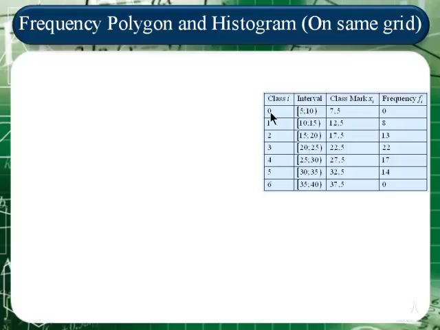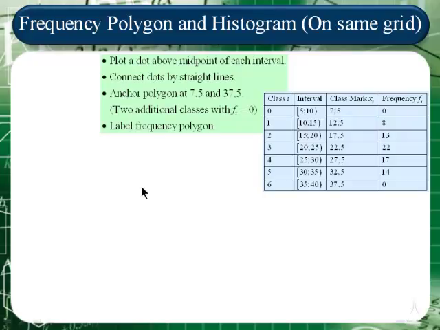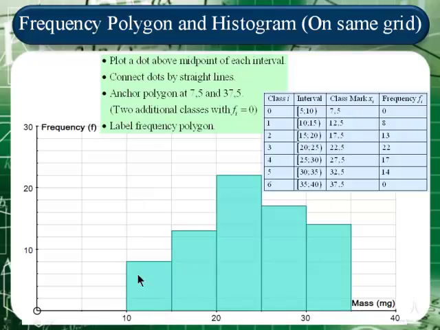In addition, we've added a class in the beginning and a class at the end with a frequency of 0, and this we simply do because we would like to anchor the frequency polygon. So if we go back to the situation where we've sketched a histogram, then we plot a dot above the midpoint of each interval.